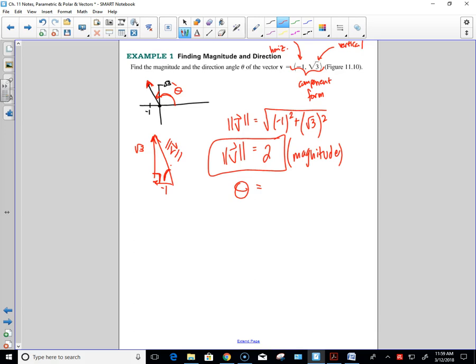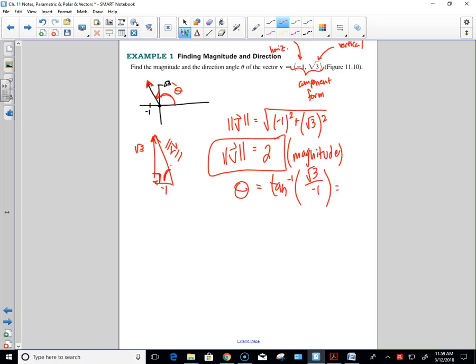Remember, for any angle, the reference angle is inside the right triangle that connects to the horizontal axis. So I'm thinking about opposite over adjacent, tangent inverse. But here's the dilemma: if you plug in tangent inverse, what do you get? You get -60 degrees or -pi/3 in a nasty decimal form.